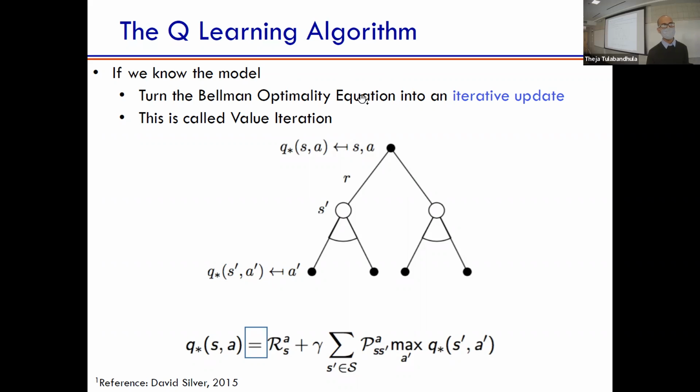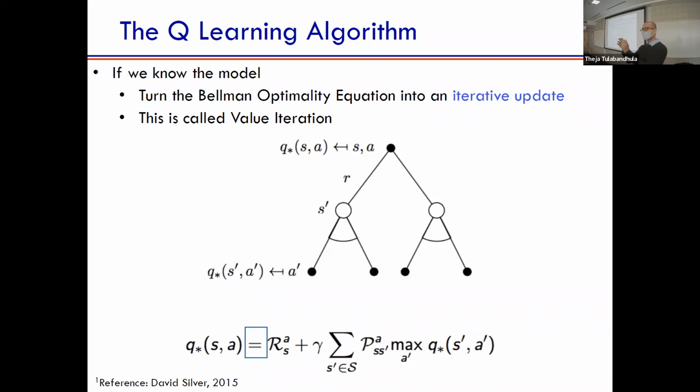They convert that equation to an iterative procedure. You say, I know that Q star satisfies these types of nonlinear equations. I don't know Q star, so I'll start with some random Q star numbers for every state action pair, and then evaluate the right hand side, and I'll get some new Q stars.